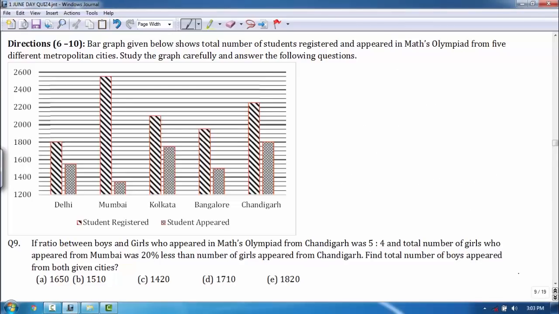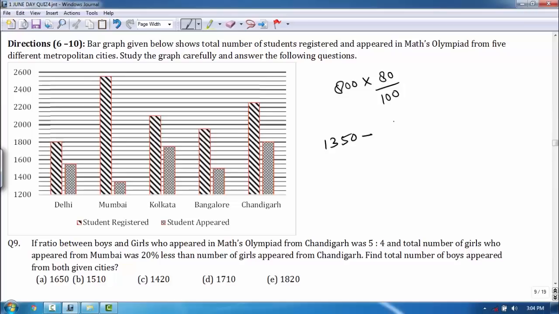And the total number of girls who appeared from Mumbai will be 800 into 80 upon 100, because that is 20% less than the number of girls who appeared from Chandigarh.